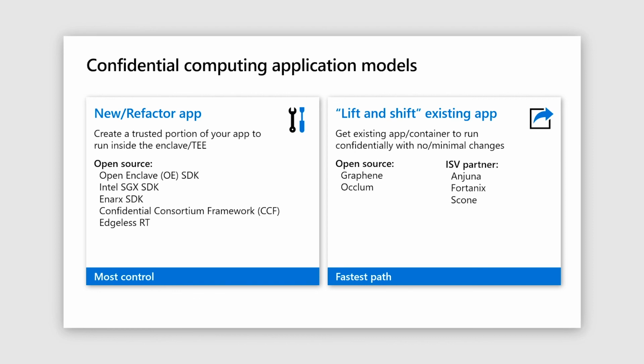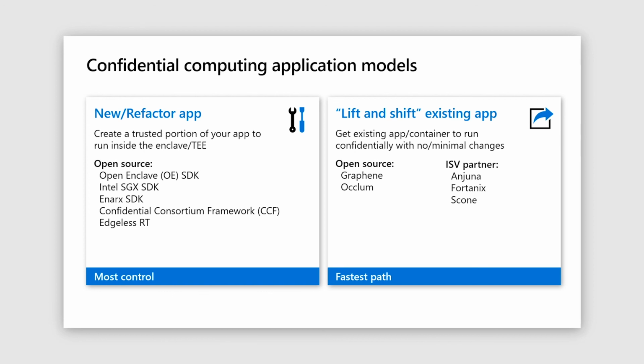The second use case, the one on the right, is where you want to take your existing application and make it confidential. You don't want to change it. You already got it working, but it's a super important business requirement for you to make sure that this application that is running is confidential. So what you can do is get your existing application or your container and run it confidentially with zero or minimal changes.